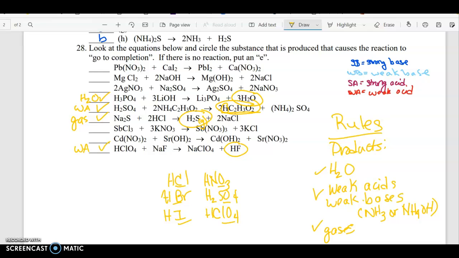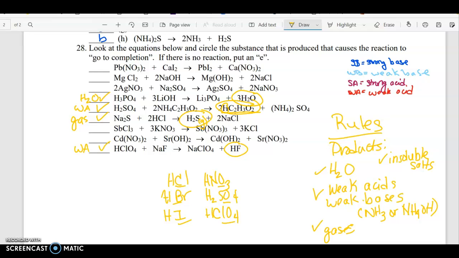And let's do our final category, which is insoluble salts. So which one of these form insoluble salts? Well, if you look at your solubility chart, you have a list of ions that are usually soluble.